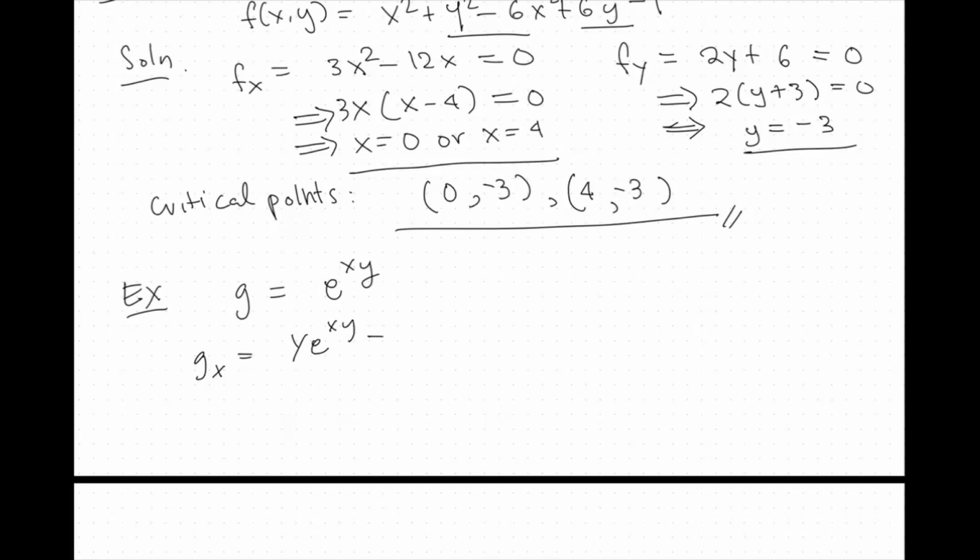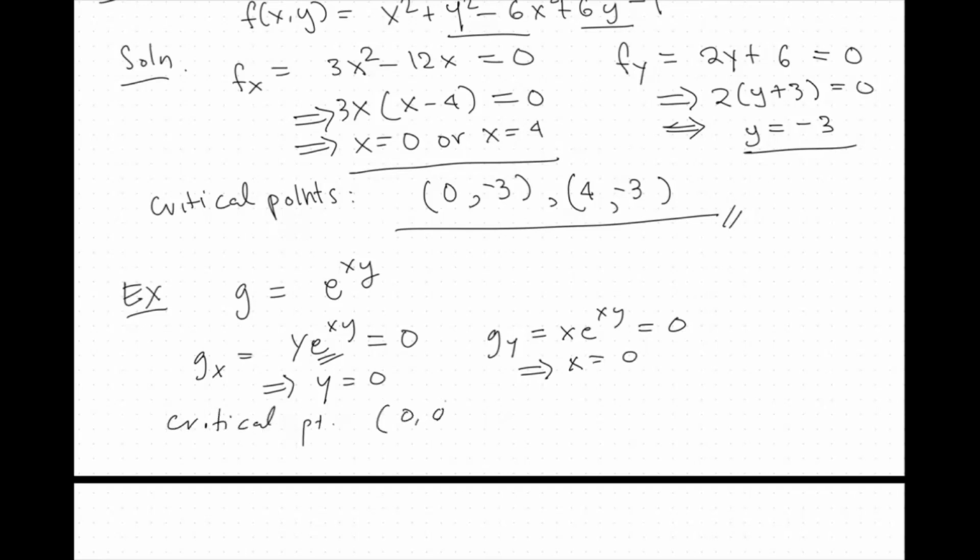If we equate this to 0, this implies that y is 0, because the exponential part can't be 0. And then g sub y is just x times e raised to xy. Equating this to 0, this implies that x is equal to 0. Thus, in this case, the critical point is just 0, 0. This is the only critical point.